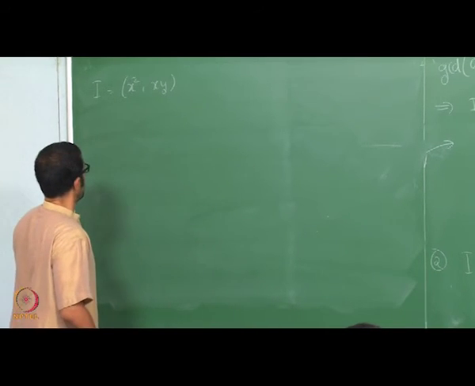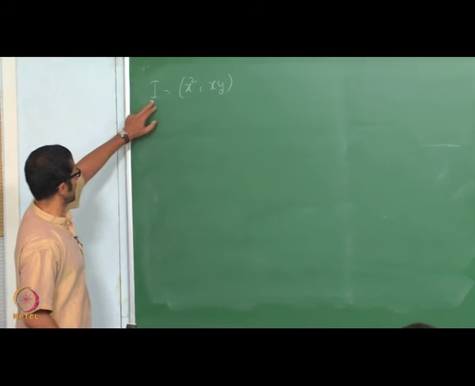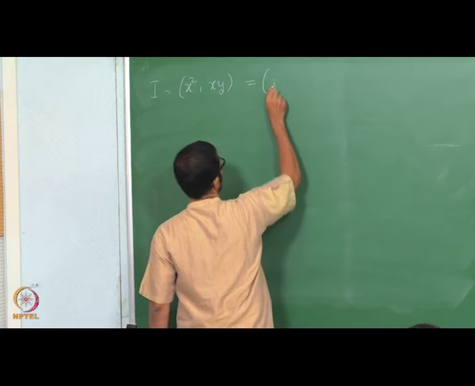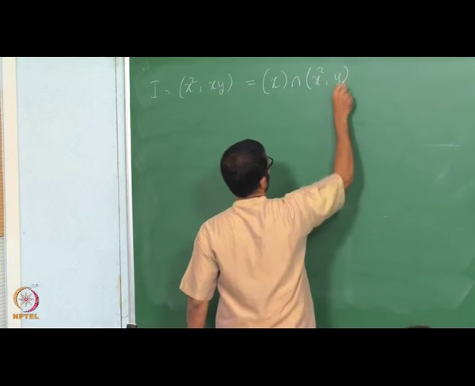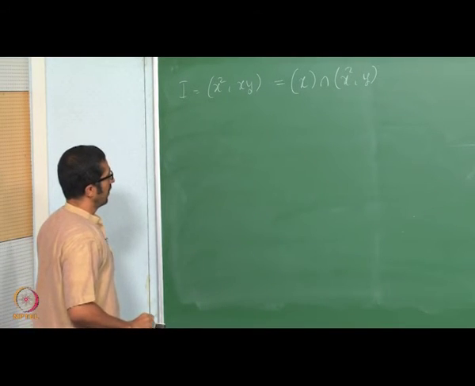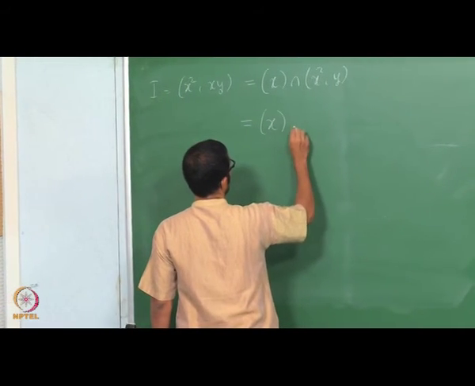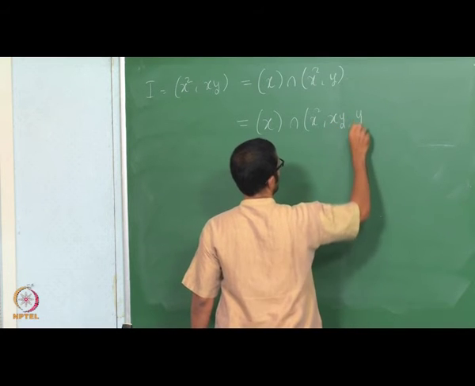Okay. So look at this ideal. This one we looked at, this primary decomposition, x intersection (x square, y). One can also write this as x intersection (x square, xy, y square).